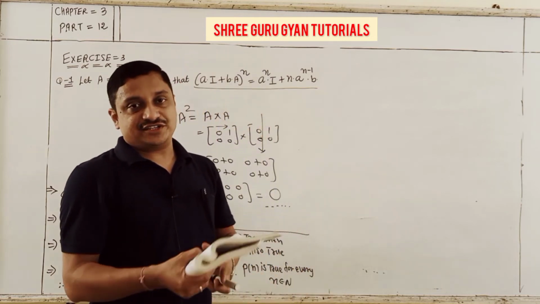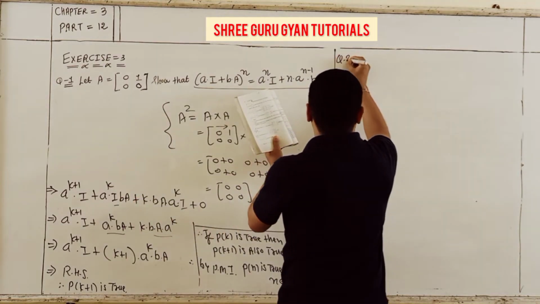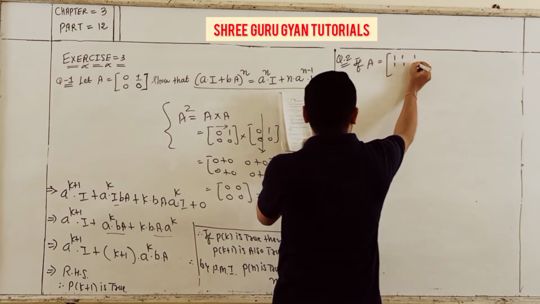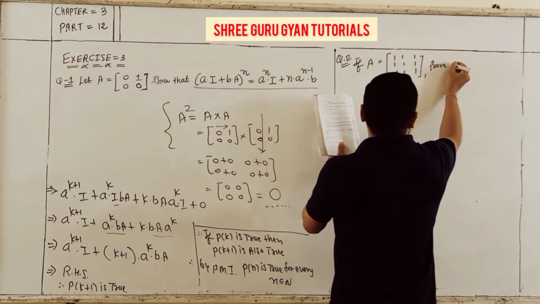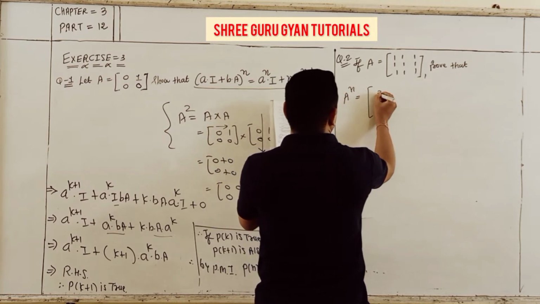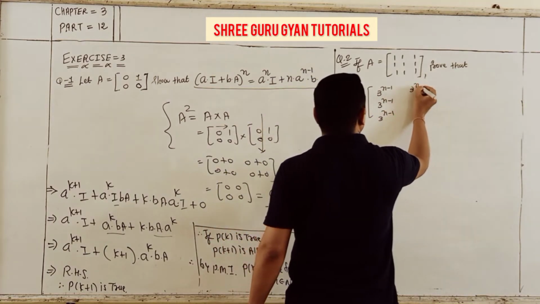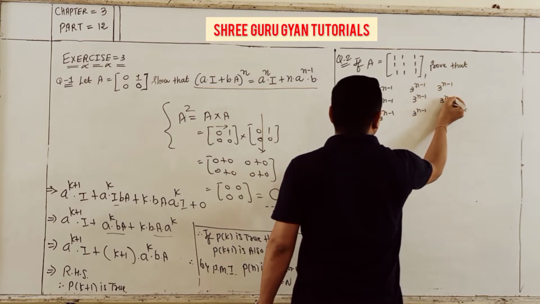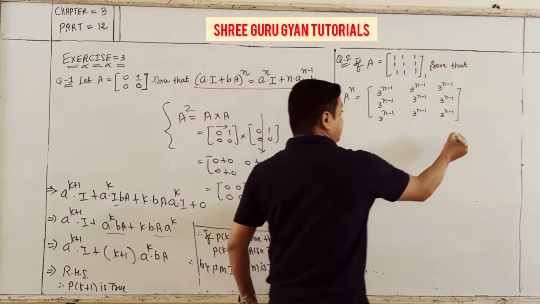So, given matrix A, question 2: if the A matrix has all entries 1, then prove that A raised to n is 3 raised to n minus 1, 3 raised to n minus 1, similarly 3 raised to n minus 1, 3 raised to n minus 1, for every natural number.